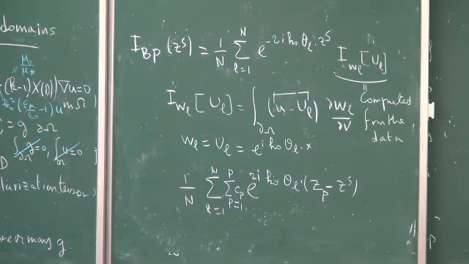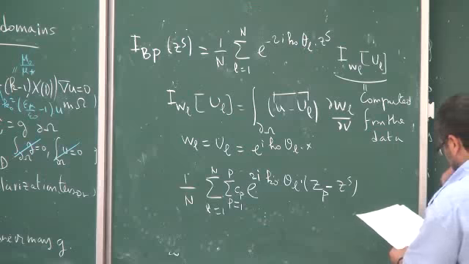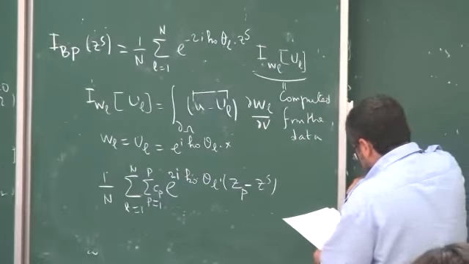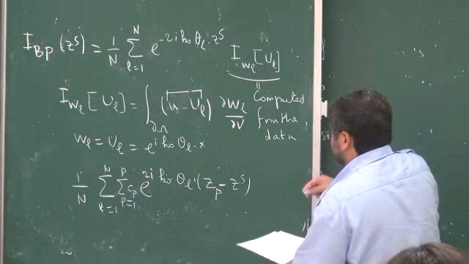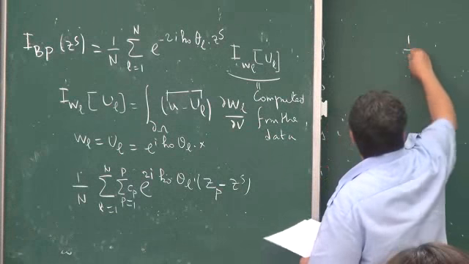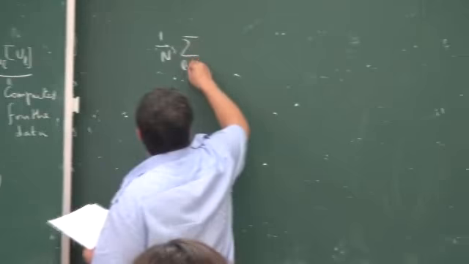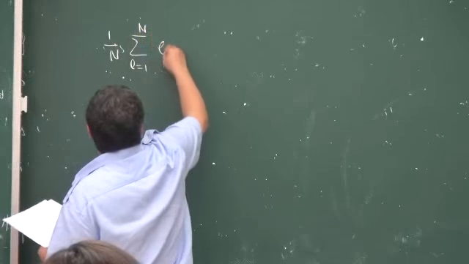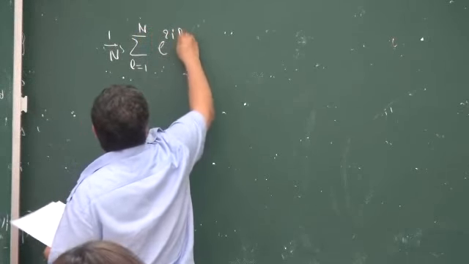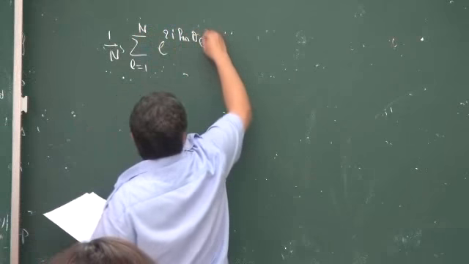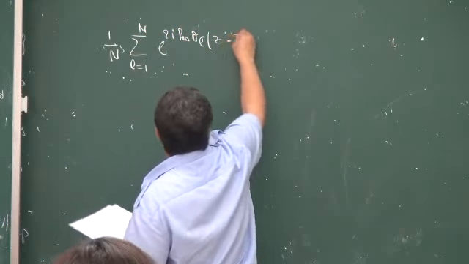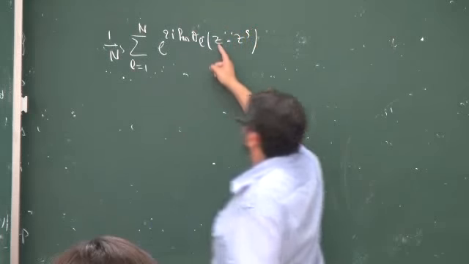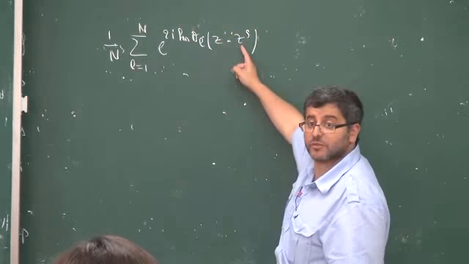So for p equal 1, this is 1 over N sum L equal 1 to N exponential 2ik0 theta L times d minus ds. This is the point you are looking for, and this is your search point.